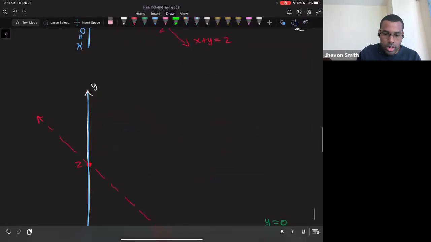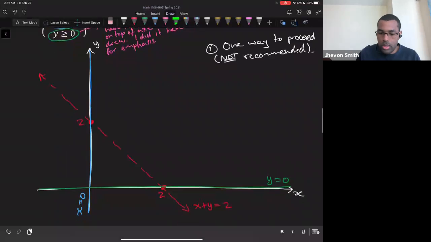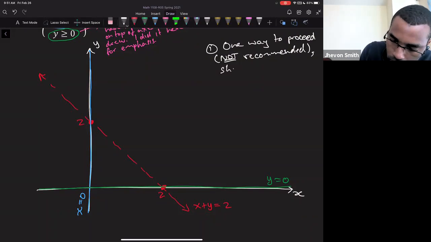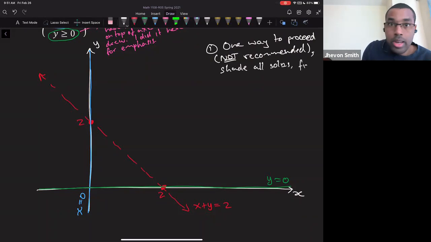So we're going to actually do that in a couple ways. Okay, so one way to proceed is to shade all solutions and find the overlap.